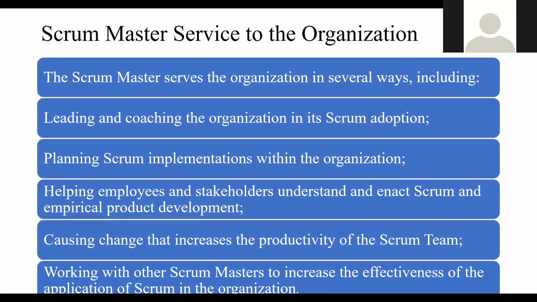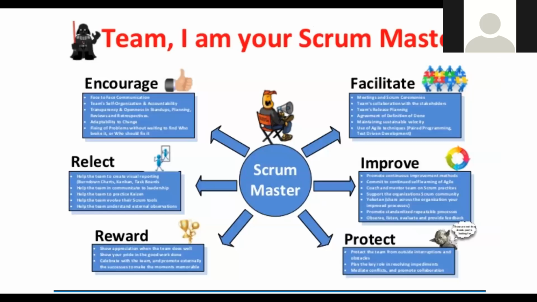The Scrum Master helps employees and stakeholders understand and enact Scrum and empirical product development. The Scrum Master is also tasked with causing change that increases the productivity of the Scrum team, and works with other Scrum Masters to increase the effectiveness of the application of Scrum in the organization.